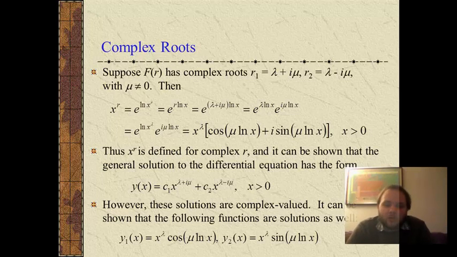So, using the rules of logarithms and inverse functions, I can do x to the r. Well, e to the x and natural log of x are inverse functions, so e to the natural log of x to the r is the same thing as saying x to the r, because they're just inverse functions of each other.